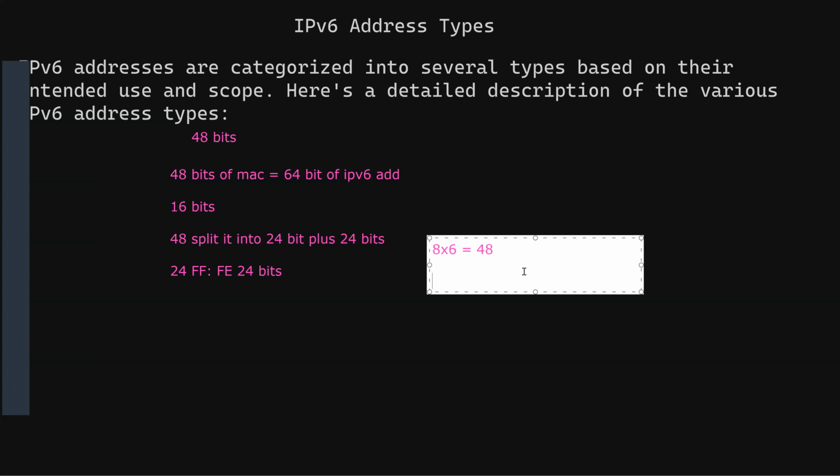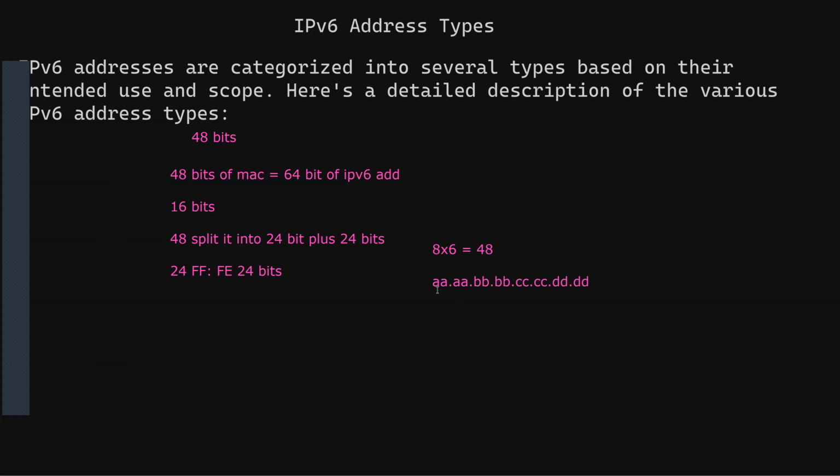Let me do something like AA, AA, BB, BB, CC, CC. So this is one MAC address, 8 plus 8 plus 8 plus 24.